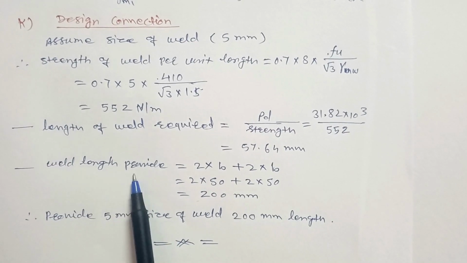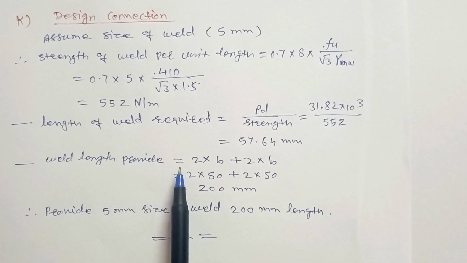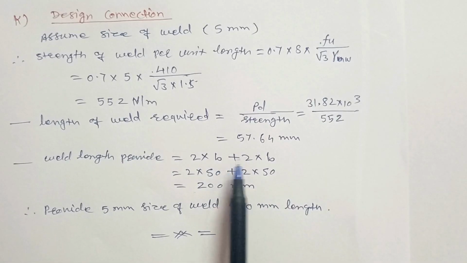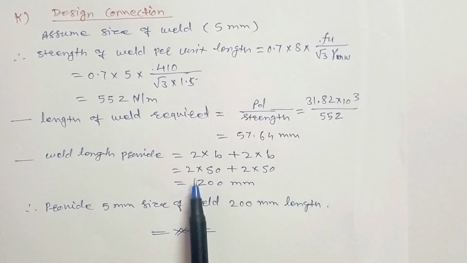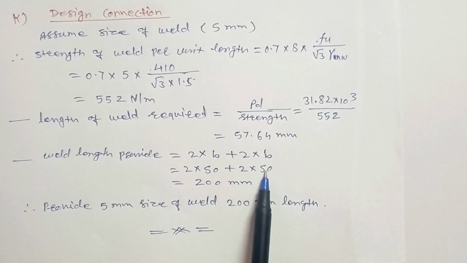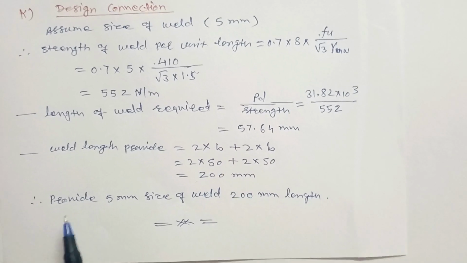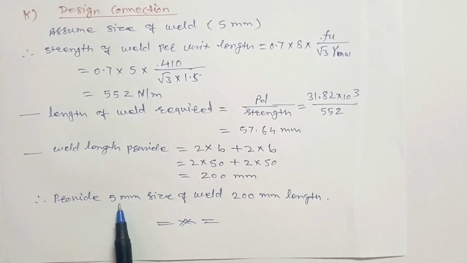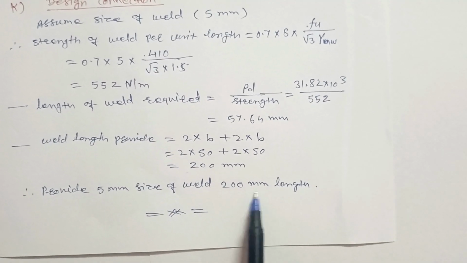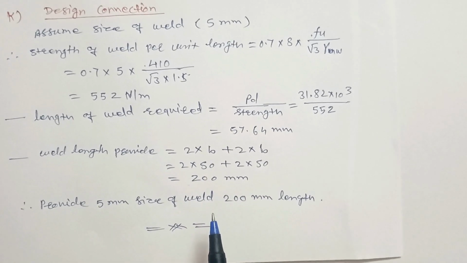Again, the welding is provided on both sides, so the total length of the provided weld is 2 times the width and 2 times the second width of the lacing flat. The width is 50, again it is 50, so it is calculated as 200 mm. So finally we can write down: provide 5 mm size of weld for 200 mm length to the lacing flat and channel section connection.